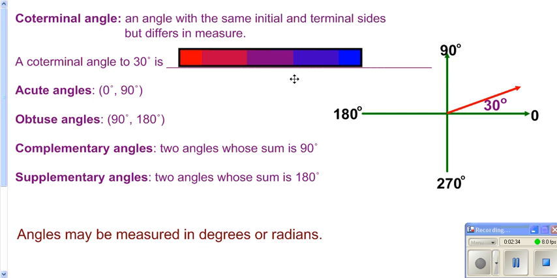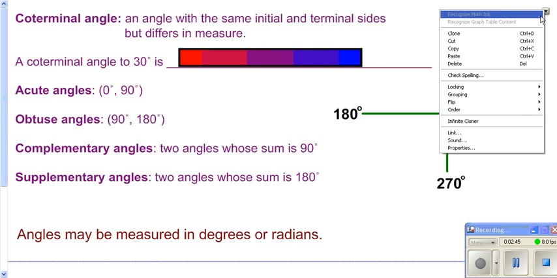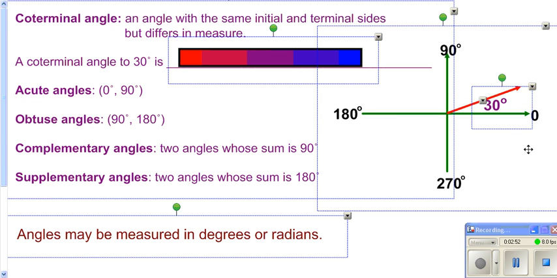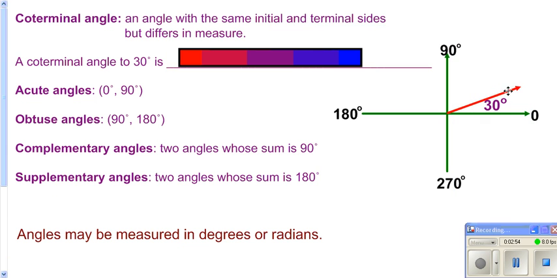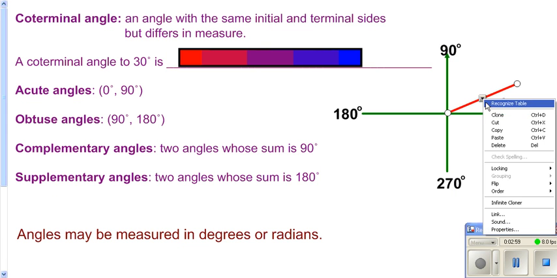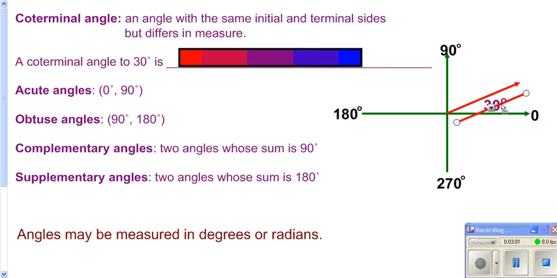A coterminal angle is an angle which has the same initial side, but a different terminal side. So we need to go ahead and rotate this. We need to come back to another spot right here. So if we rotate this back to another spot, we're going to start out here.